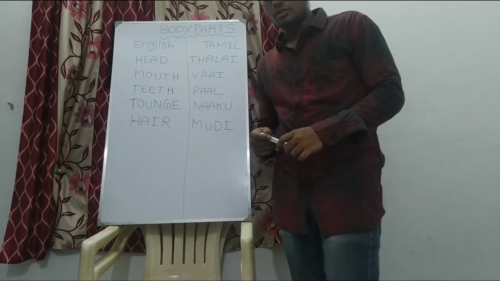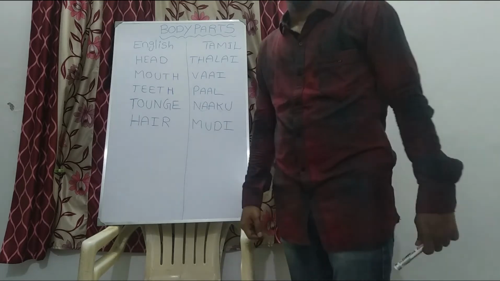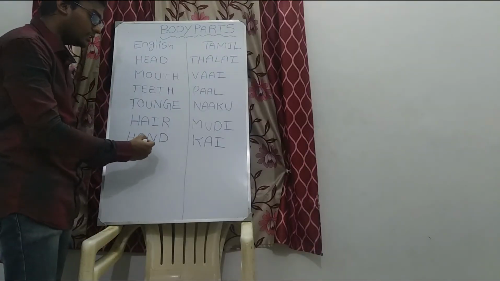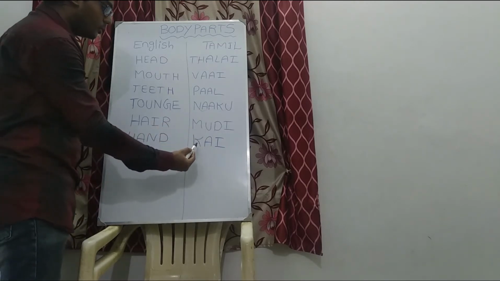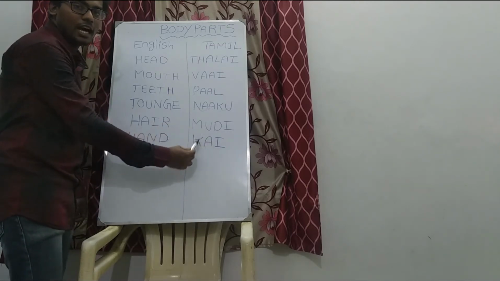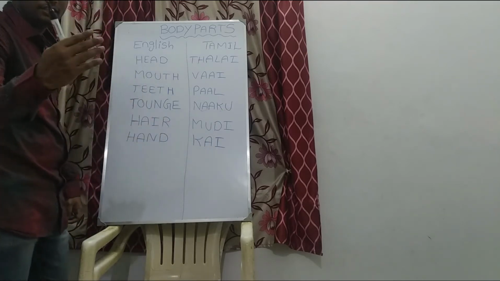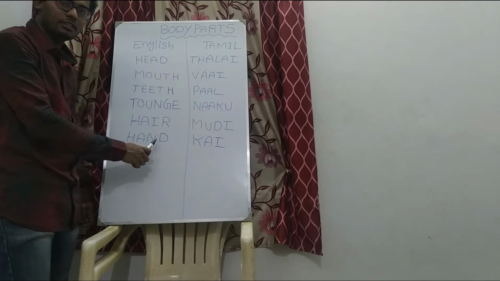Let's look at some more examples. In the same way, if you want to say hand in Tamil, you have to pronounce it like K-A-I, Kai. So this Kai represents hand in Tamil.